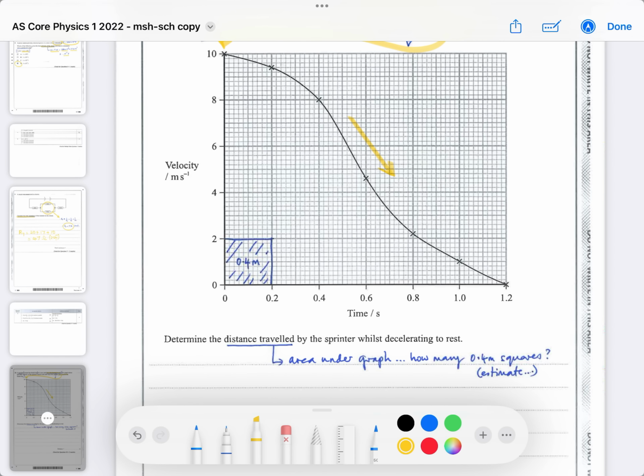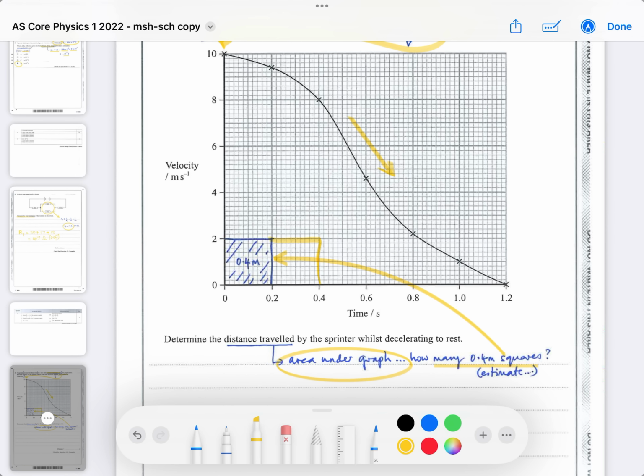he's decelerating. Now, one of my students was quite clever because they want you to work out the area under the graph. So you could work out how many 0.4 meter squares there are. So each of these squares is 0.4 meters. So you can count how many of them there are.